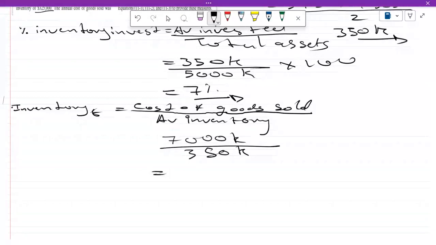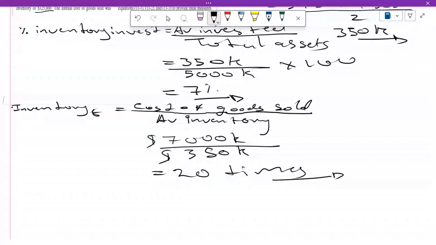I see 20. Remember, this is dollars, they cancel out, we're remaining with 20. It's just 20, or 20 times.